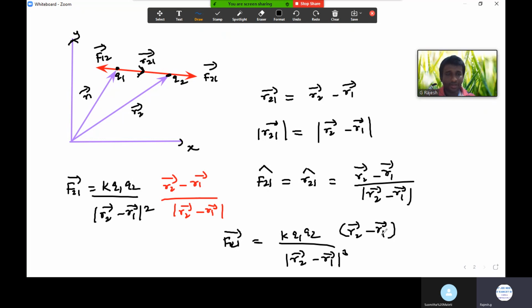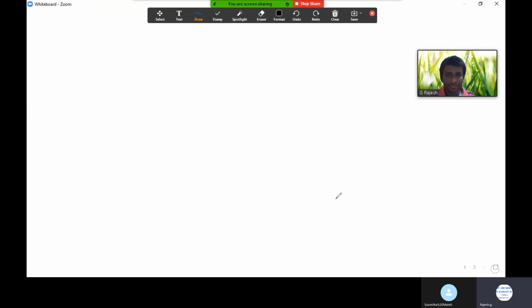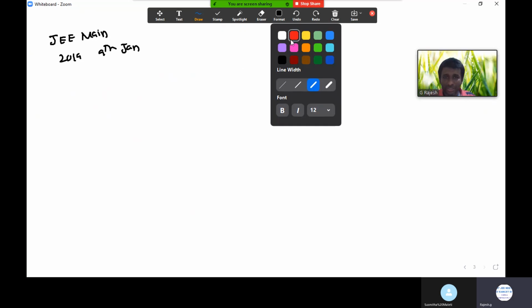Now we'll go for a previous JEE Main question, and we'll solve one from JEE Main 2019, 9th January. So what is the question?